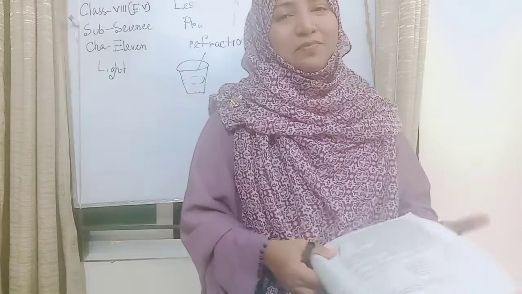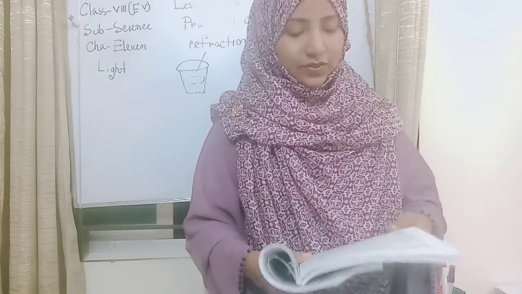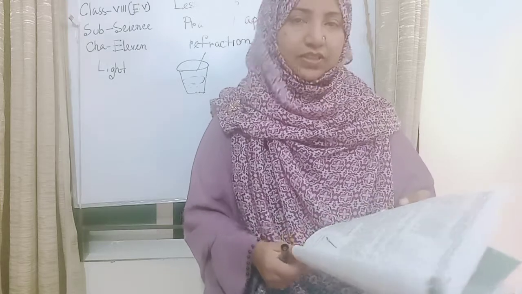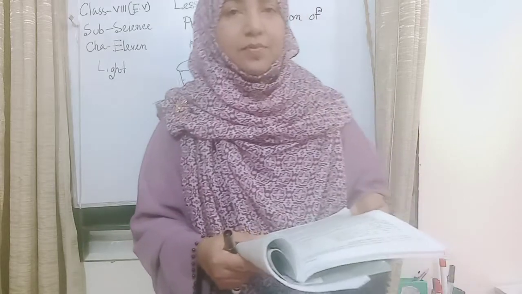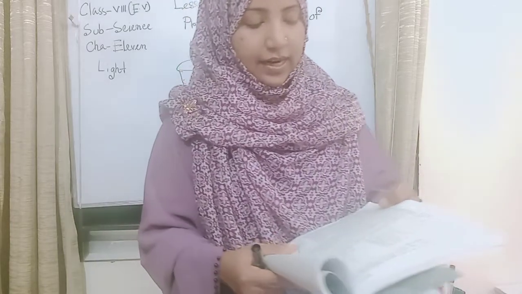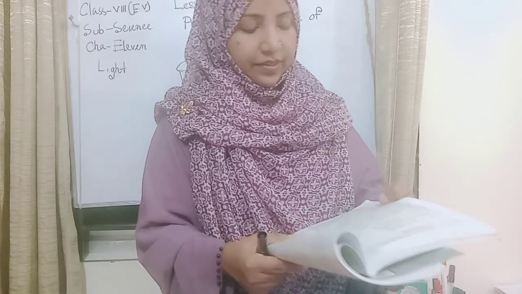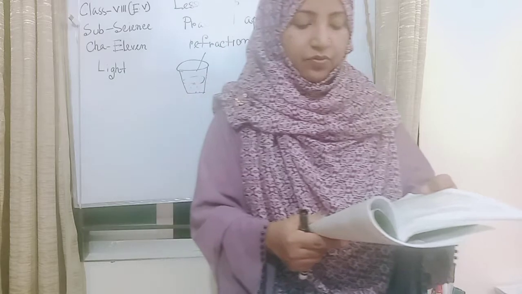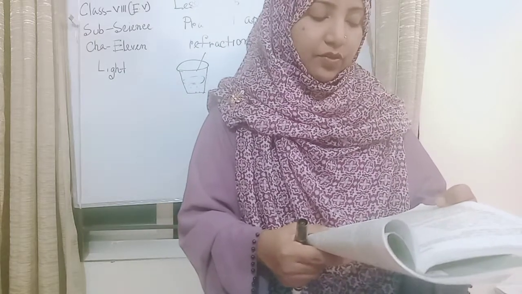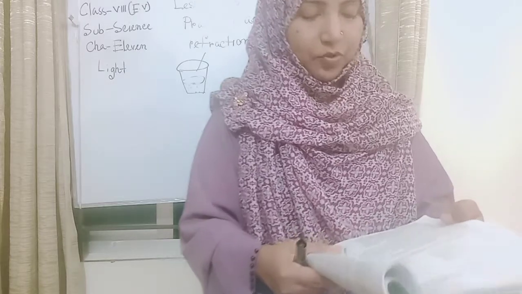Today, please everyone see the books. The page number is 116. First, when a straight rod is immersed obliquely in water and looked at from above, how will the part of the rod that is underwater appear? If you observe carefully, you will see that the rod appears smaller, thicker and raised upwards.